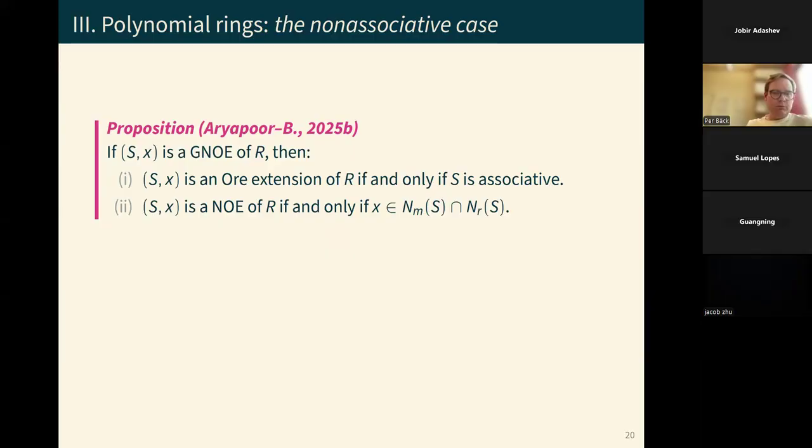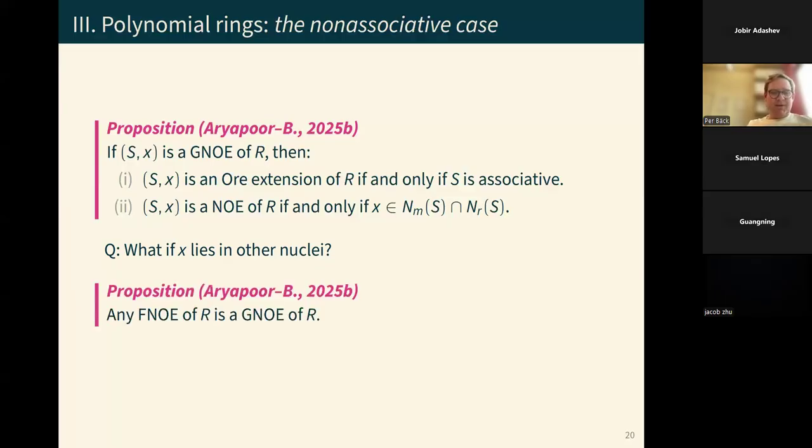So these are two types of rings. From this viewpoint, you can also ask, if X is in the middle and right nucleus, what would happen if X was in the left and middle nucleus, or in the left and right nucleus? What kind of ring would you get then? That you can, I think, only say from this bottom-down approach. So I have no answer to this question. Any flipped non-associative Ore extension is also an example of a GNOE.